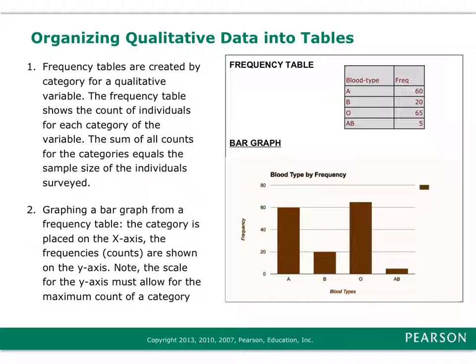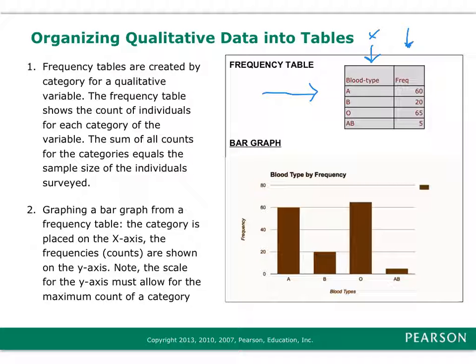Well, in order for us to organize the data and then create a bar graph, we create what's called a frequency table. And our frequency table is calculated by category. We call the first column the category column, the X column. And the next one is we would have a tally column if we were looking at actual data sets.